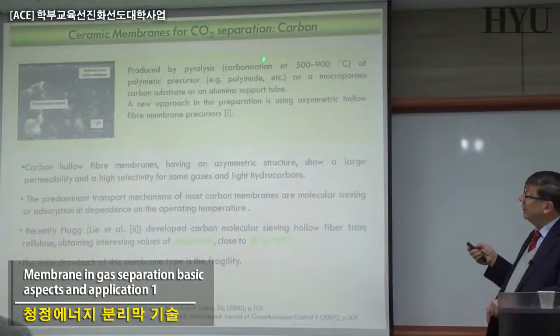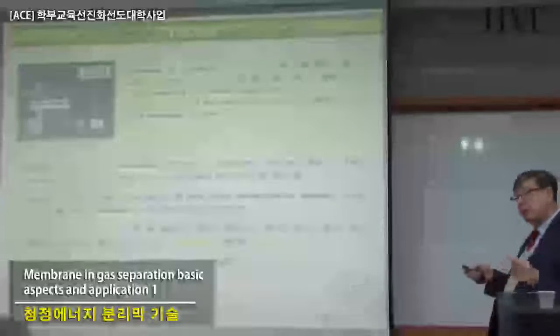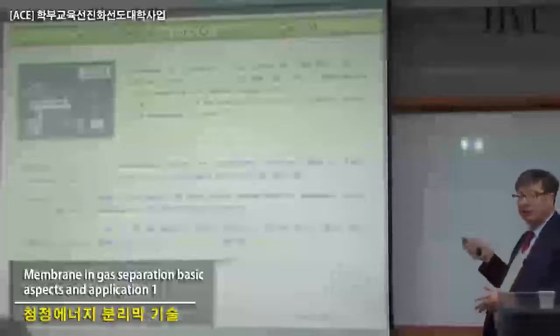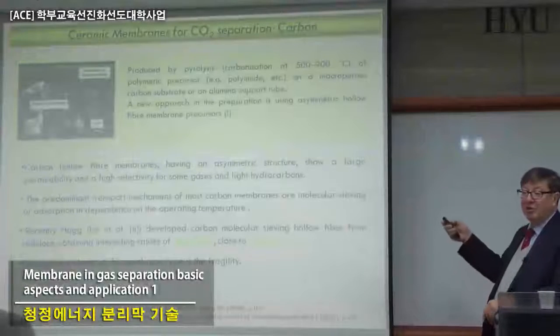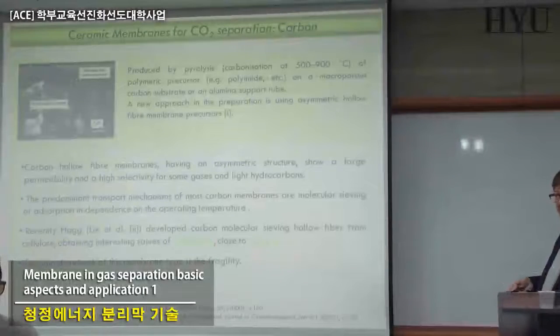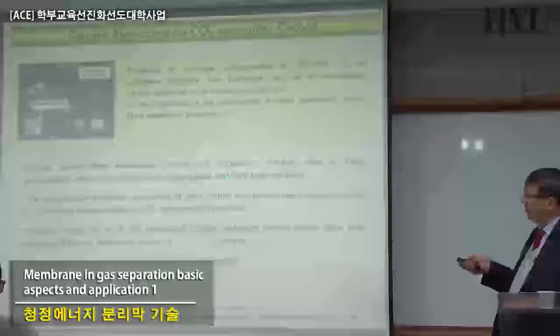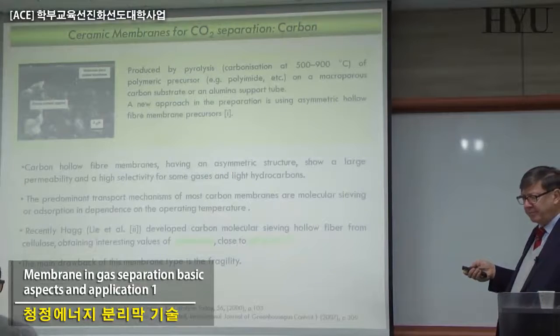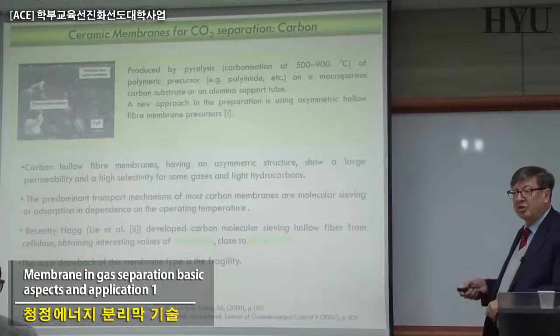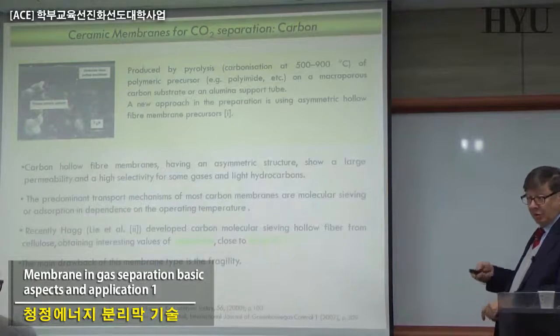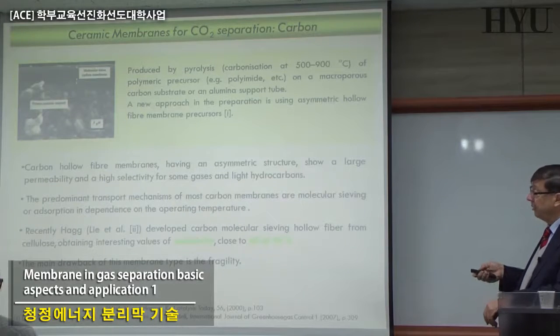With this kind of material, during carbonization, we can keep the asymmetric structure of the initial phase inversion polymeric system that we have been preparing, and that is a much easier way than with traditional ceramic or with zeolite, for example.